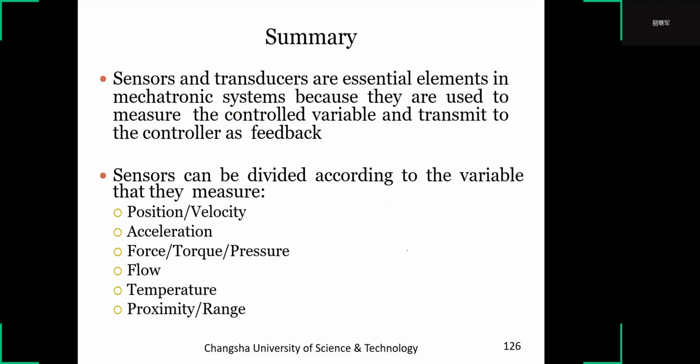The sensors can be divided according to the variable that they measure: position, velocity, acceleration, force, torque, pressure, flow, temperature, proximity, and range, etc. We have introduced some sensors. We can use them in mechatronic systems.